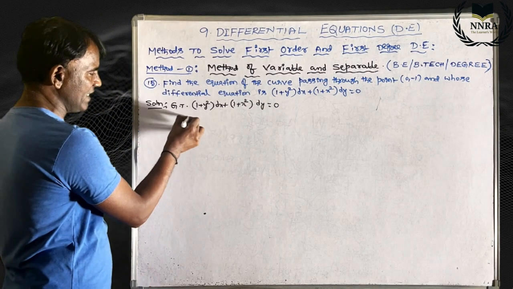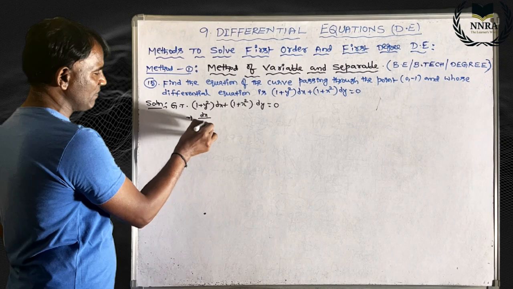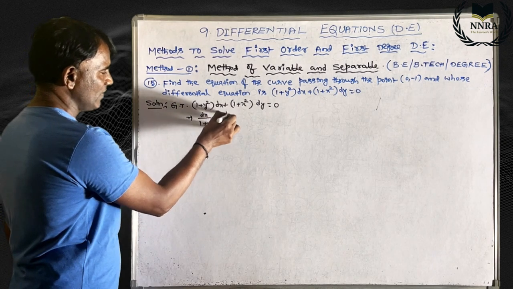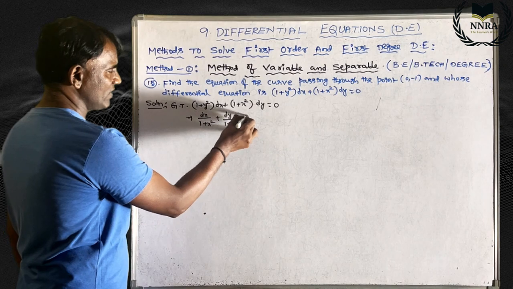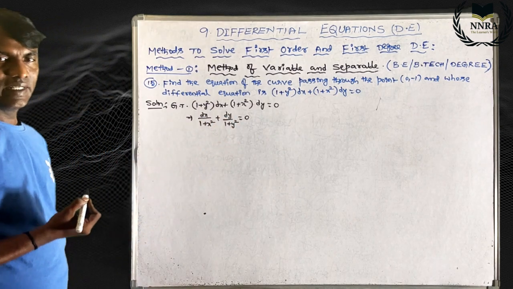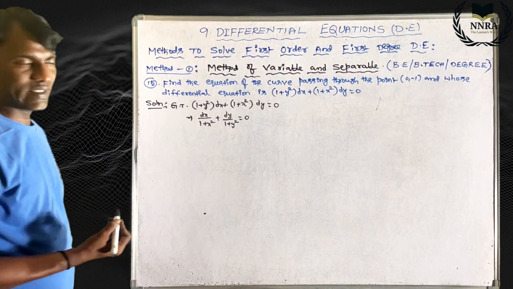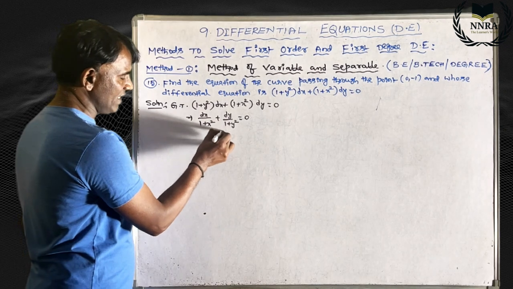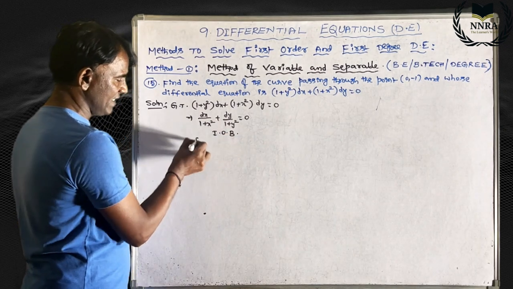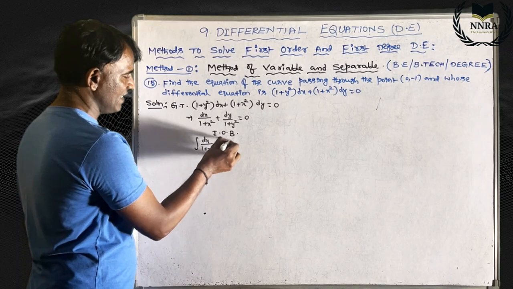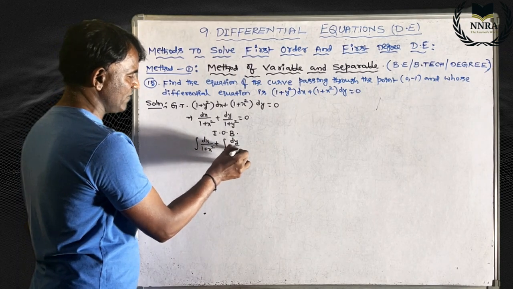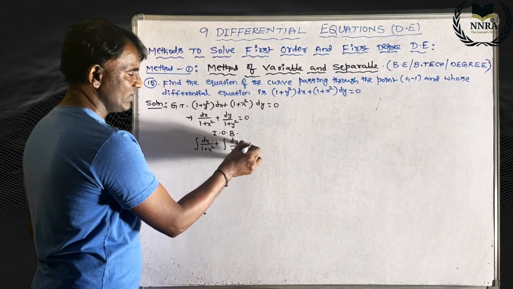Now how to write it? dx by 1 plus x square plus dy by 1 plus y square equal to 0. Correct? We separated both x and y terms. Okay. Now integrating on both sides, integral dx by 1 plus x square and integral dy by 1 plus y square equal to 0.